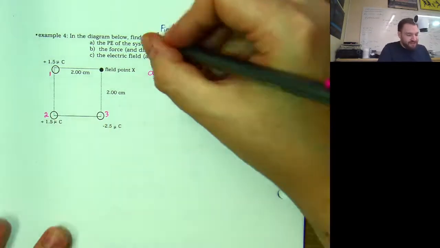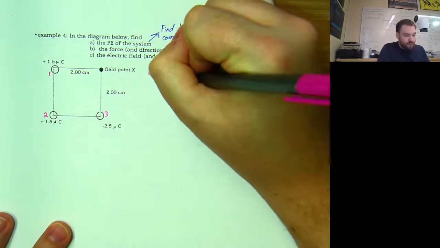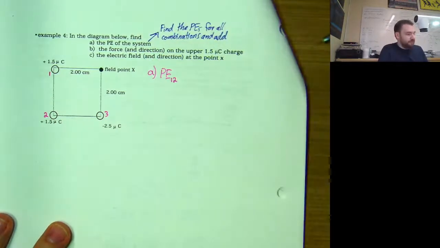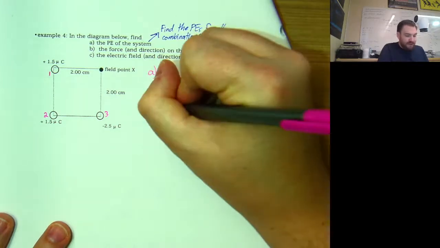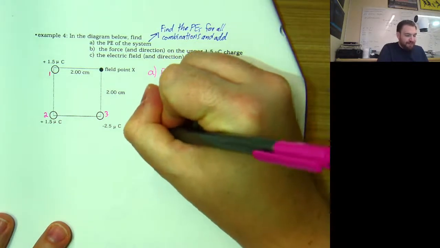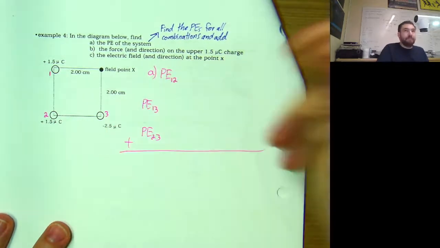So how I'm going to label this is this. I want to find the potential energy of this combination of 1 and 2 together. And then I'm going to find the potential energy of 1 and 3. I'm going to find the potential energy of 2 and 3, and I'm going to add them all up.